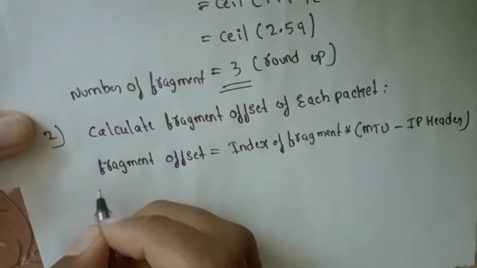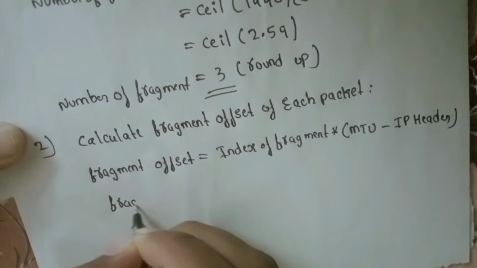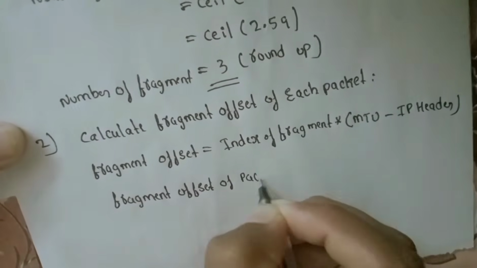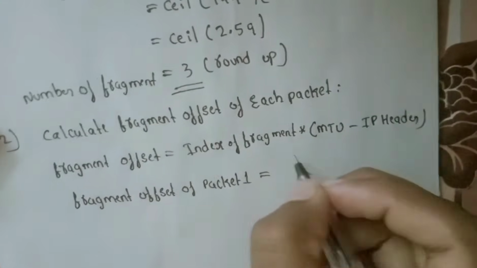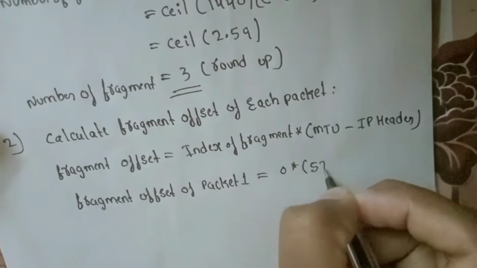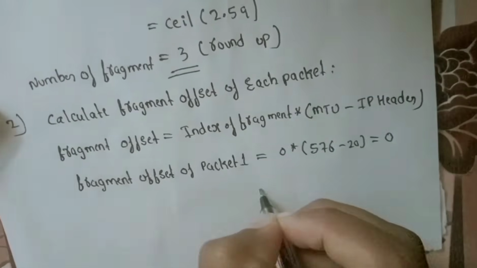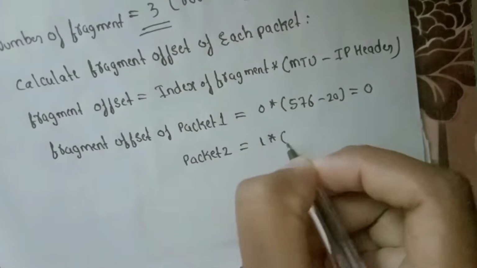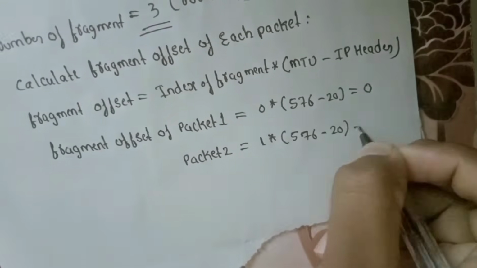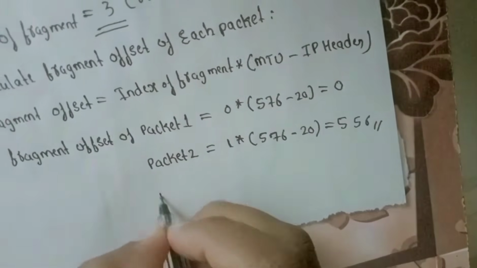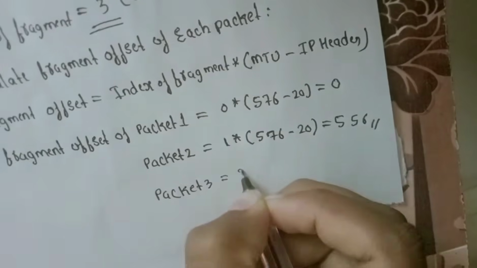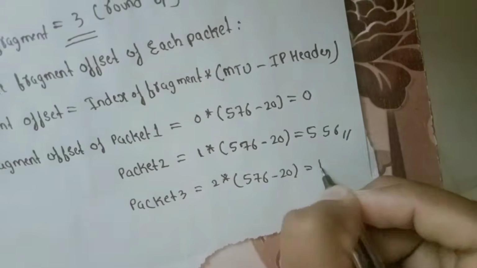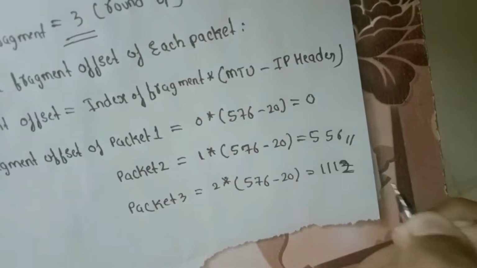We need to find it for 3 packets. Fragment offset of packet 1 is equal to index 0 times 576 minus 20, which is 0. For packet 2, 1 times 576 minus 20, it is 556. For packet 3, 2 times 576 minus 20 is equal to 1112.